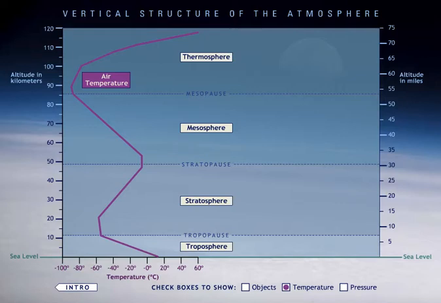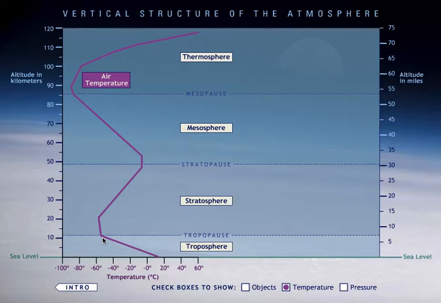Yeah, it gets really cold as you go up, but what I want you to pay attention to is the trend and the spot where the trend changes. So if you're looking at this, you'll notice that in the troposphere, as you go up in altitude or height above ground, temperature goes down.